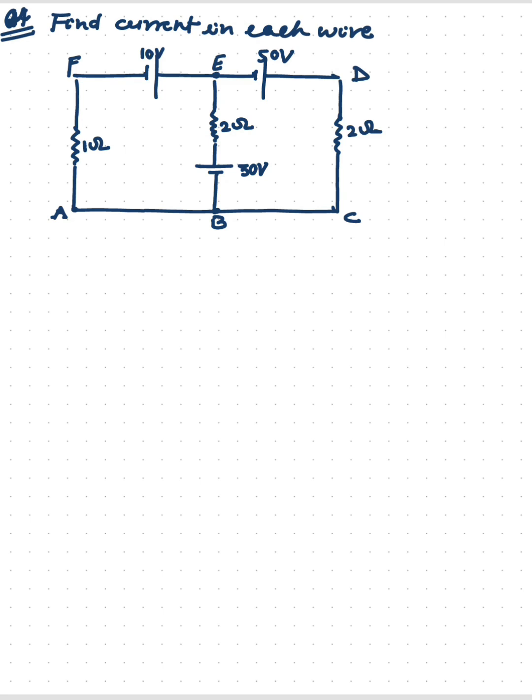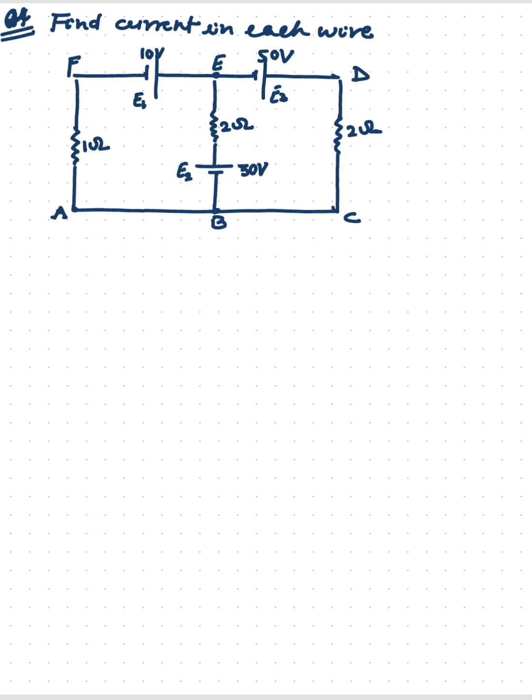Okay. So our first step is what? How to proceed this problem? So current distribution we need to assume. Okay, no problem. Let's start. I am assuming this battery, suppose this is the E1, E2, E3.